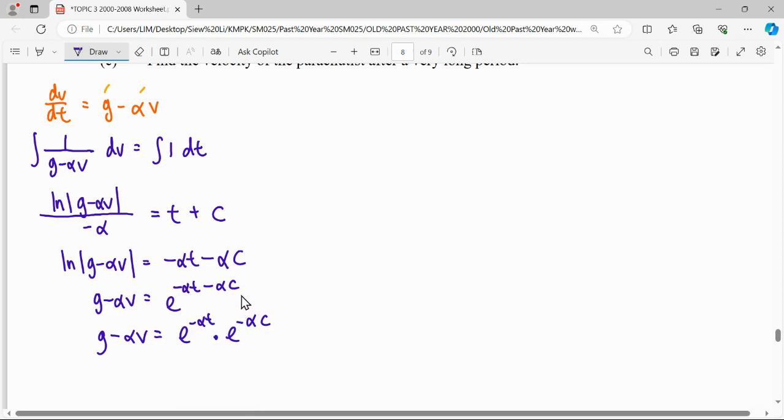Simplify the power here. E to the negative alpha c can be made into a constant. Why can we make it a constant? Because alpha is a constant, c also is a constant, e also is a constant. So a constant to the power of a constant can be a new constant, let's say a.